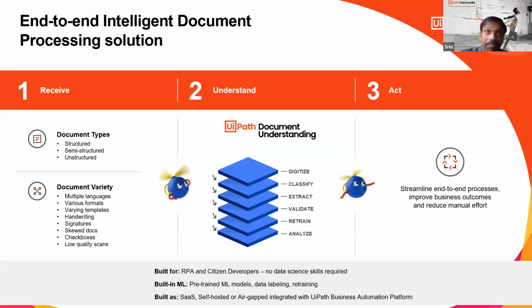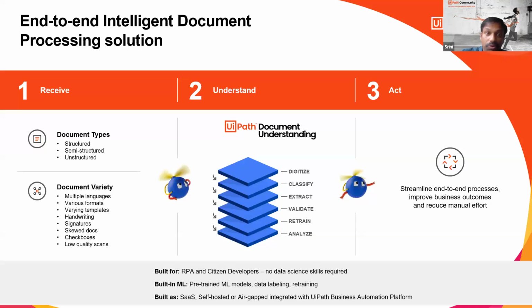Once the extraction is completed, we can validate that with humans through Action Center, and it can retrain the model based upon the validation station. Yeah, and it can analyze as well. So it can streamline the end-to-end process, which makes a business more effective and reduces manual effort.